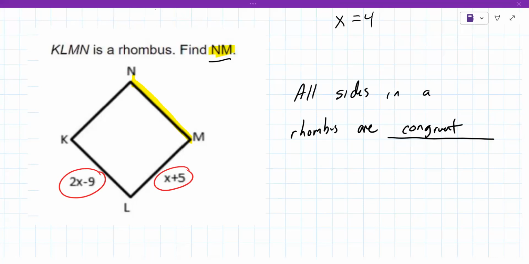So could you set 2x minus 9 equal to x plus 5 and solve it?